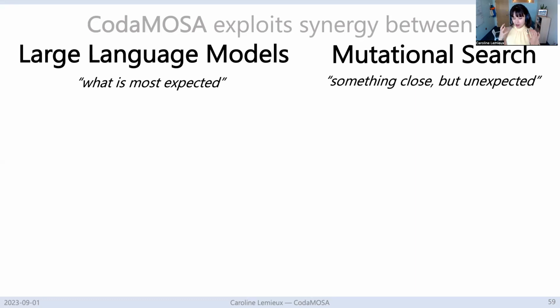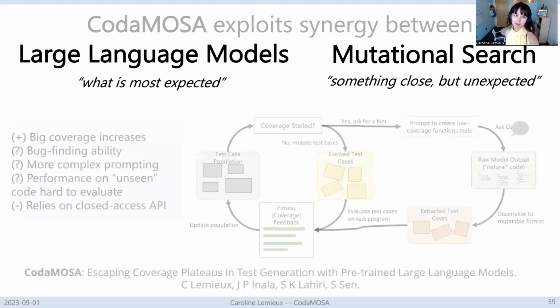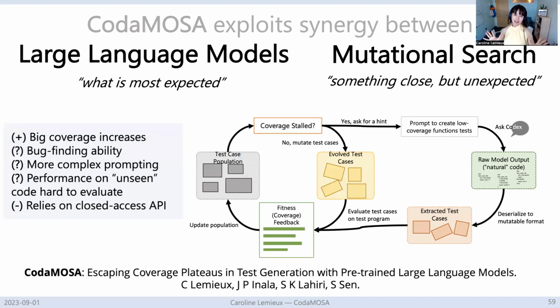And in CodaMOSA, we exploited that synergy to improve the performance of search-based software testing, but there's a lot of other search problems out there in PLSE and further. And I think we can do a lot by exploiting the synergy between LLMs plus these tools we have that work really well, like say mutational search. So that is kind of the high-level summary slide.